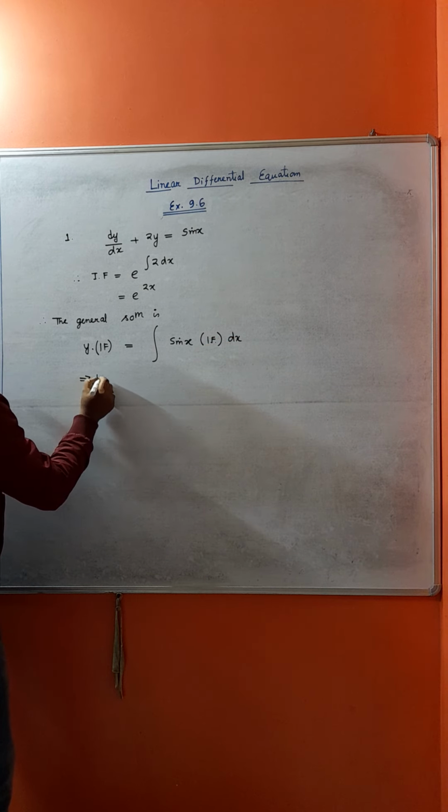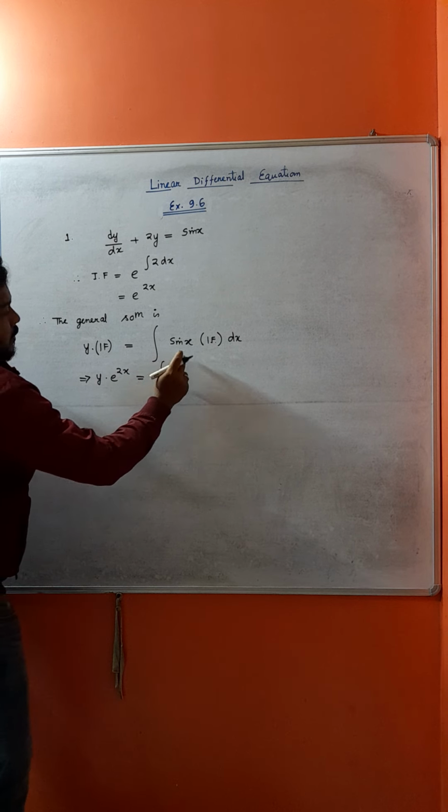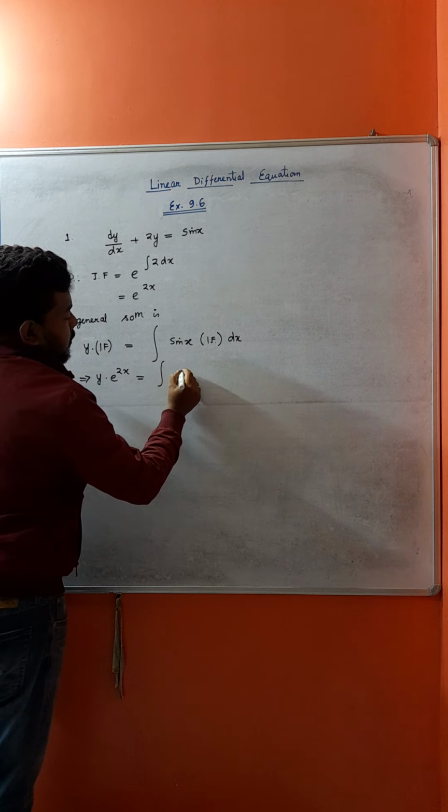This is y into e to the power 2x is equal to integration of sin x into e to the power 2x dx.